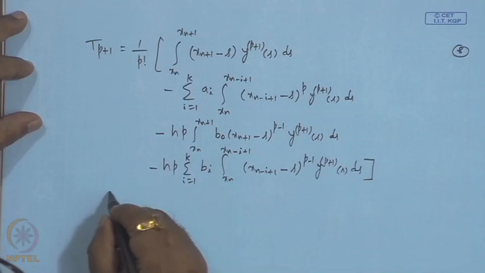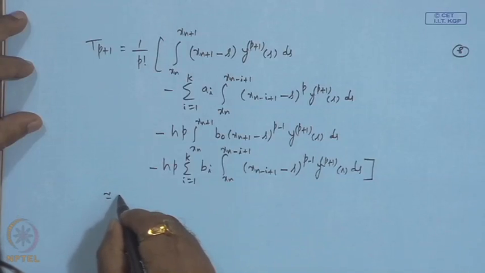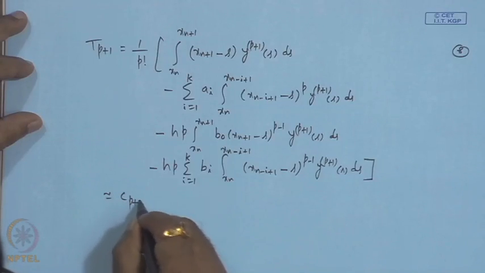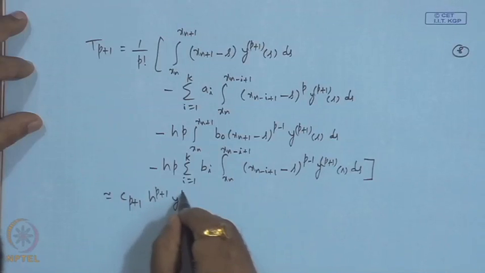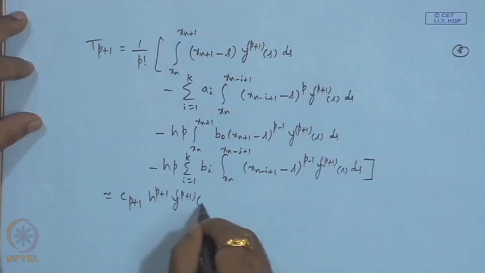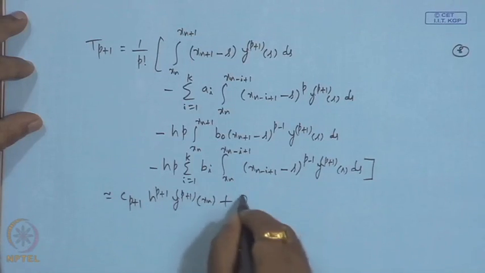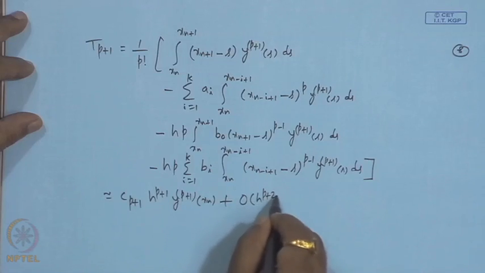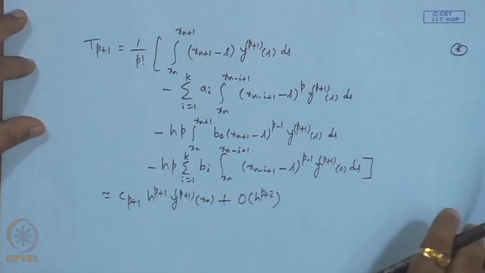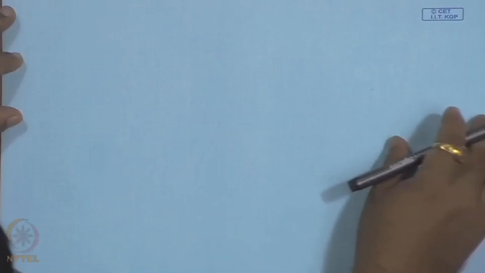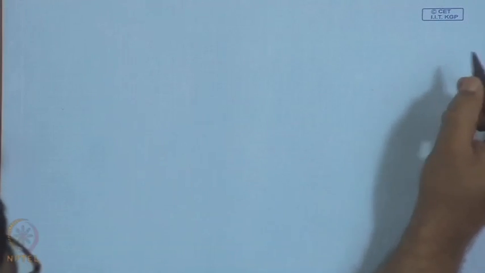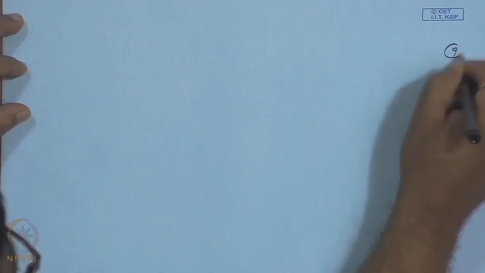Okay. So, this must be of this form. Okay. So, when do we say a method is of so much order? Okay.